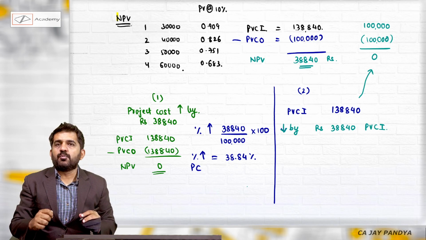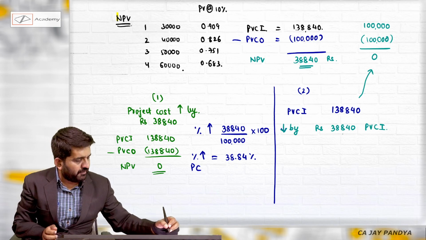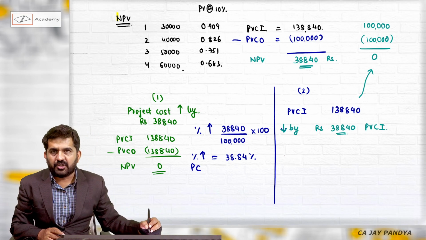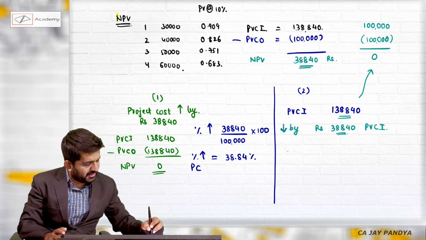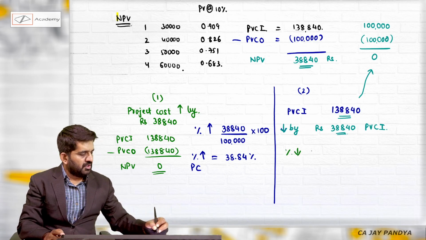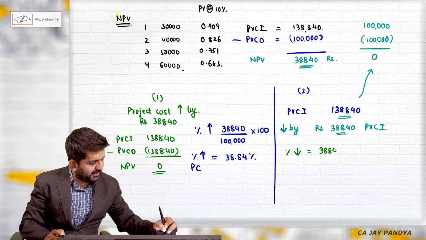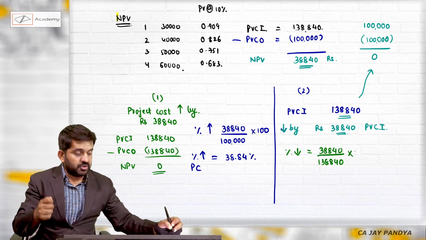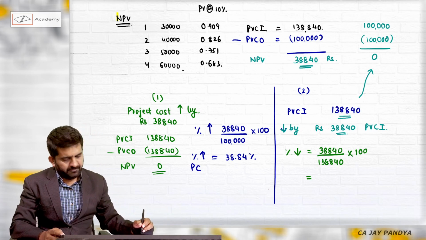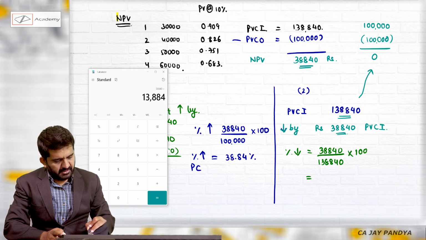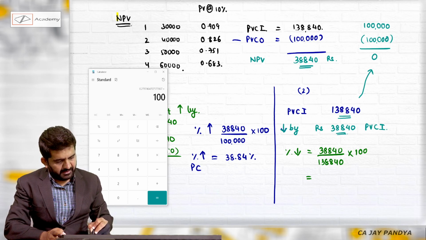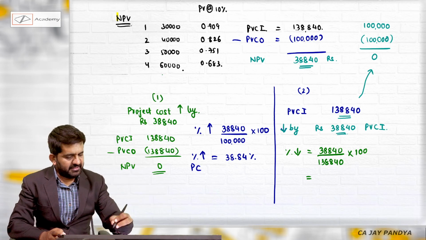If my cash flow is decreasing in terms of present value by 38,840 from 1,38,840, how much is the percentage decrease? Percentage decrease is 38,840 divided by 1,38,840, because the base is 1,38,840, multiplied by 100, which is 27.97.